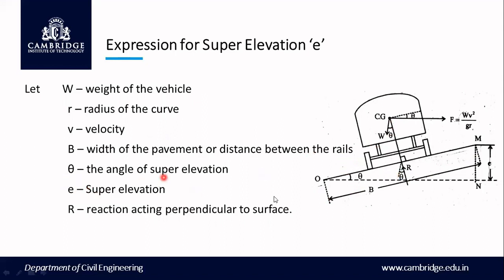And theta is the angle of superelevation that is being provided, and E is the superelevation, that is this height, and R is the reaction acting perpendicular to the surface.